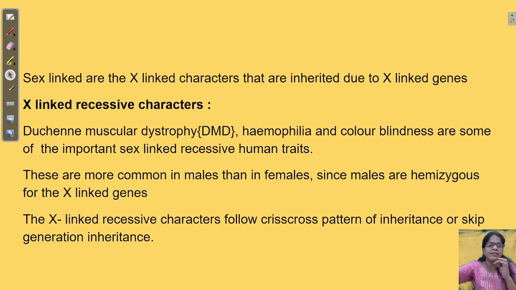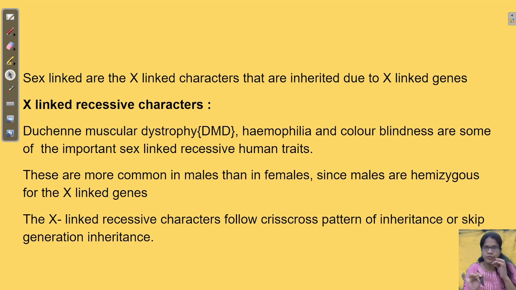When she goes through the test, it shows she's fine, with nothing wrong with color distinguishing. But when you go to the offspring and the next generation, there will be one person who will attain this character from their mother. That is what you call crisscross. What does that mean? The crisscross pattern is a pattern where it will skip one generation and it will give you the grandsons and granddaughters through the carriers.